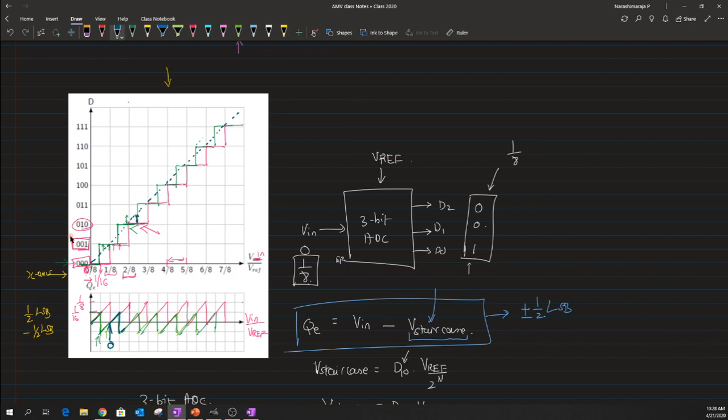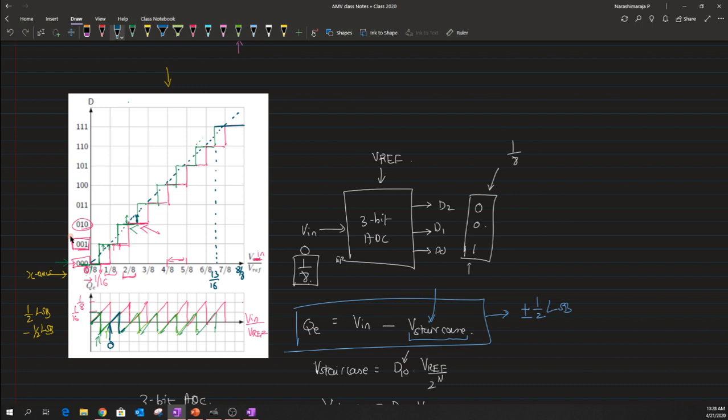For a value of input, you can see that there is a range of input which starts from, I guess, 13 by 16, all the way to a value of 8 by 8.